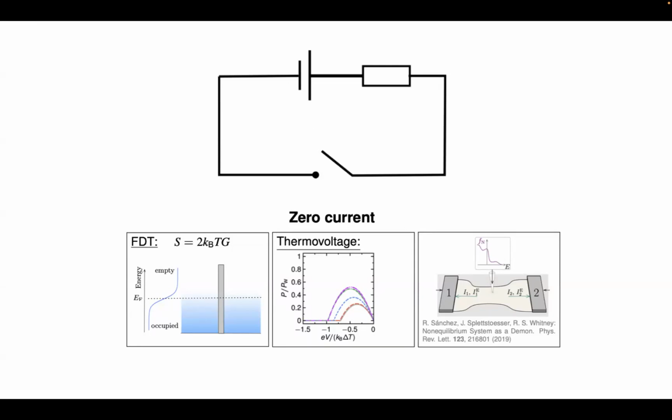So at the thermal voltage, you end up in a situation where you have zero net current. And also, at equilibrium, you have the fluctuation-dissipation theorem, as I mentioned, and there have been recent works trying to generalize fluctuation-dissipation theorems to out-of-equilibrium situations, and this has been shown in some cases to be feasible precisely when you have a zero current condition in a part of the system.